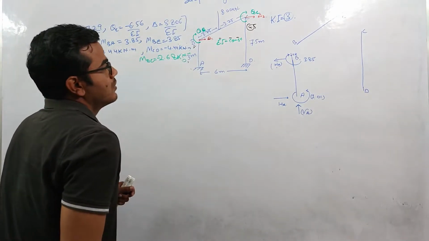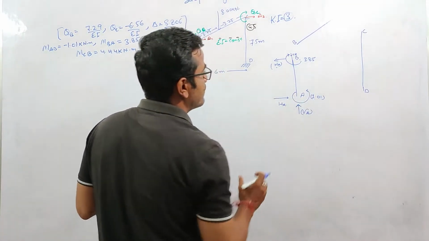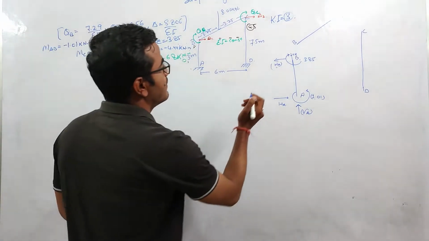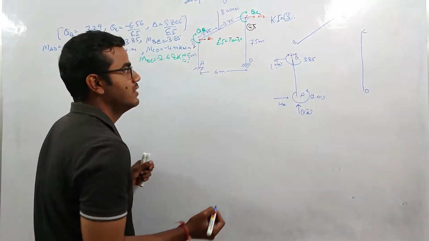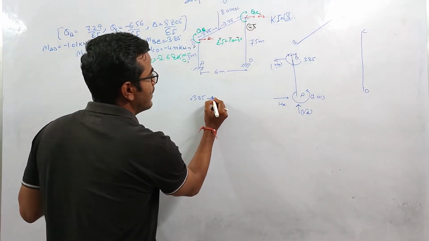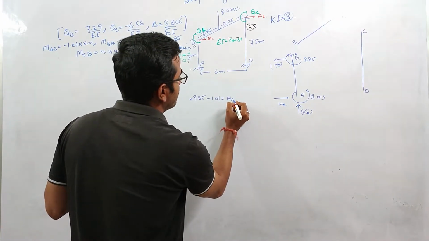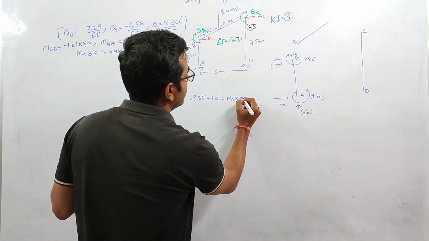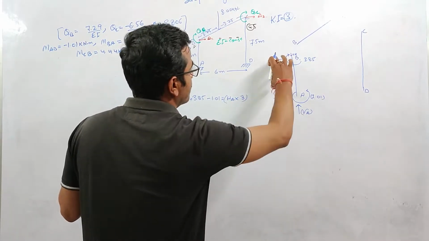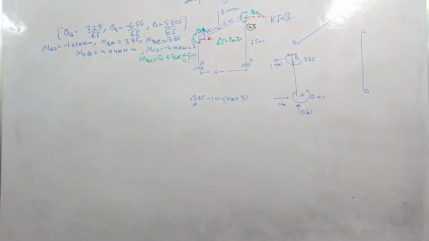So there is an unbalanced moment over here. What is the value of this unbalanced moment? The net moment will be in the clockwise direction. Why clockwise? Because 3.85 is clockwise and minus 1.01 is anti-clockwise, and it will be balanced by HA into 3. This couple will balance the unbalanced clockwise moment.